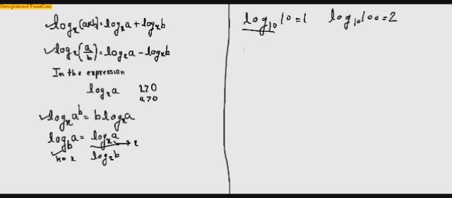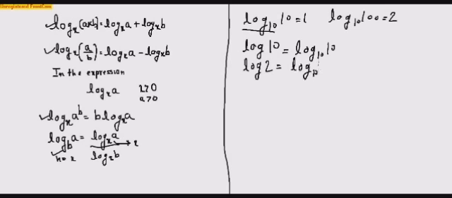In fact, it is so popular that if you write log 10 and you don't write the base, then it is assumed that the base is 10. So log 10 is nothing but log base 10 10. Similarly, log 2 if you write without the base, then it's assumed that the base is 10. So log 2 is nothing but log base 10 2.